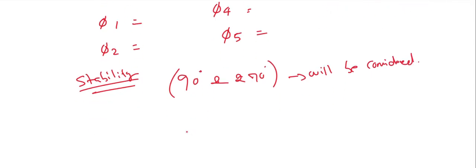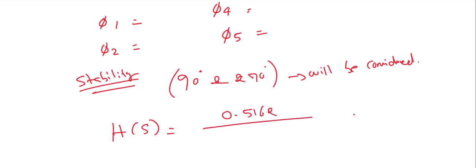Then you form the transfer function H(s). You check, we're getting 0.516, I leave it to you, divided by s squared plus s cubed.